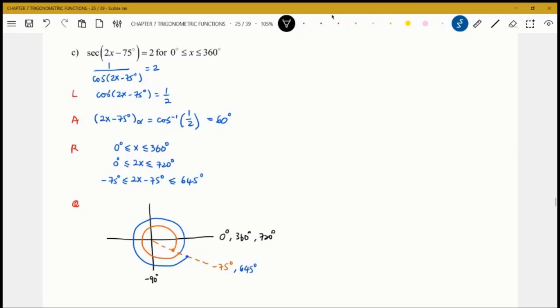Okay, so berbalik kepada linear form kita, cos kita adalah positive sign. So positive sign untuk cos adalah pada first quadrant dan juga fourth quadrant. Okay, so untuk fourth quadrant, dia akan start daripada negatif 75. So kamu punya acute angle adalah 60. So 60 tu jatuh pada bahagian ini.